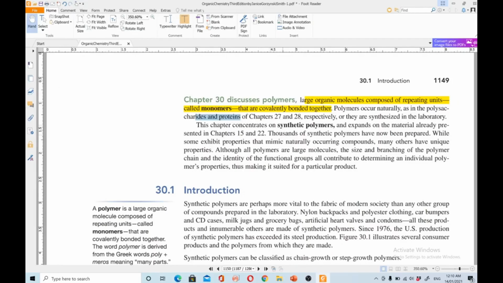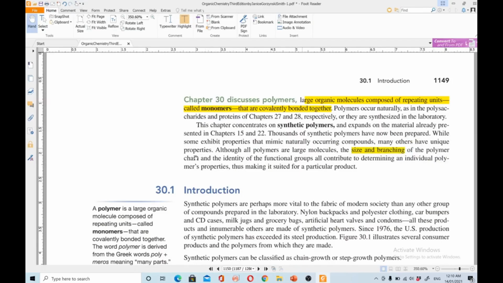Thousands of synthetic polymers have now been prepared. While some exhibit properties that mimic naturally occurring compounds, many others have unique properties. Although all polymers are large molecules, size and branching are important things in polymer chemistry.